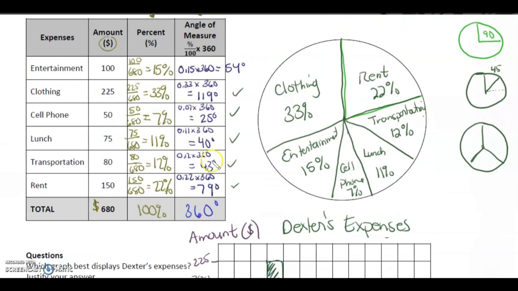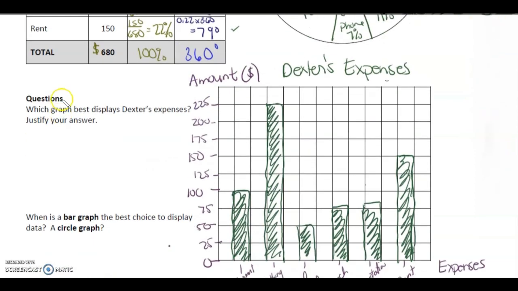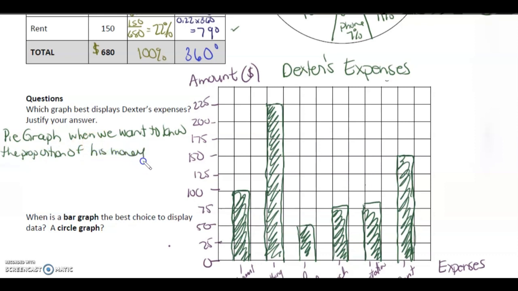So the thing is, with a pie graph, pie graphs are better at showing proportion. So pie graph, or circle graph, when we want to know the proportion of his money and where it's allotted.